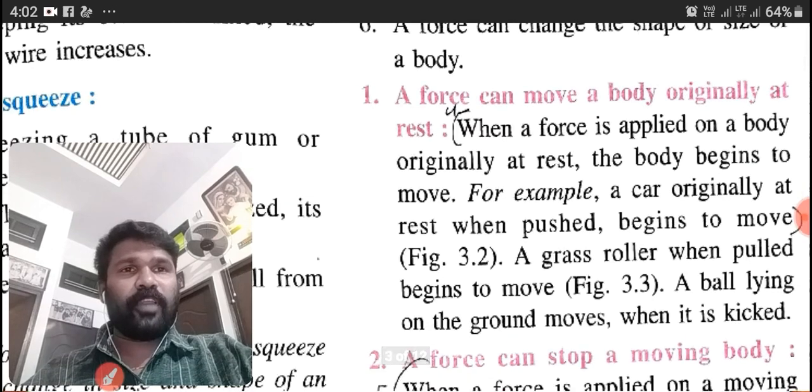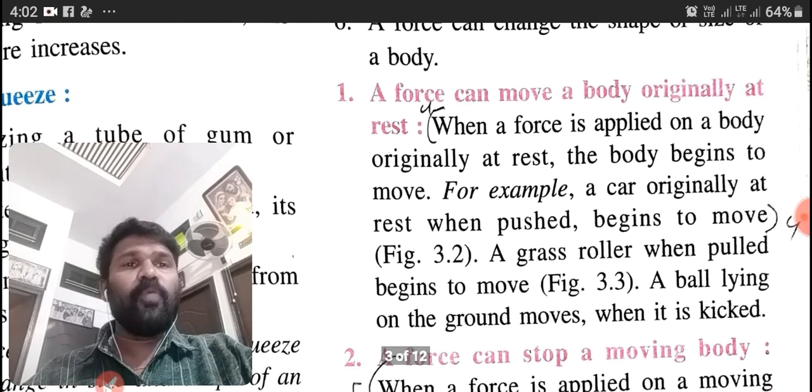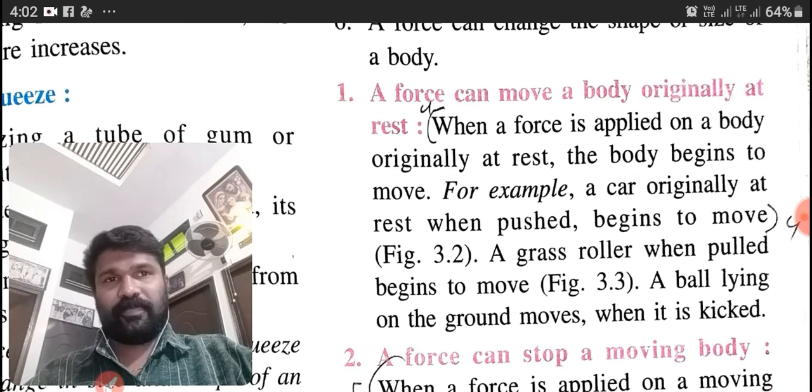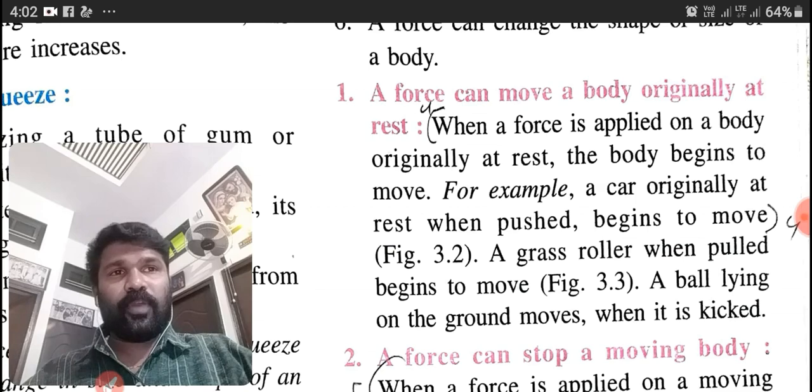First point, a force can move a body originally at rest.